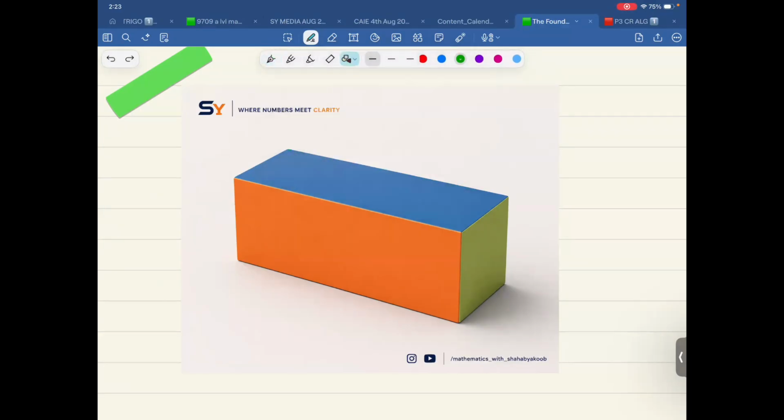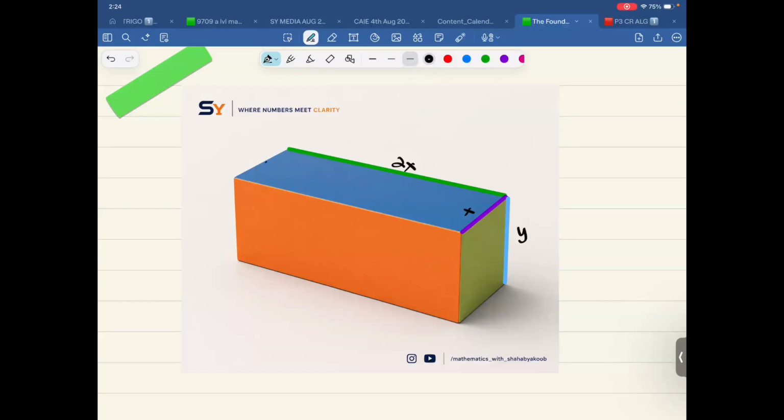So this one is 2x, and then this one is x, and this one is y. This is not drawn to scale. This is 2x, this is x, this is y. That is a rectangular block.